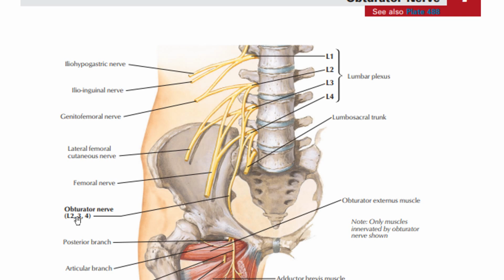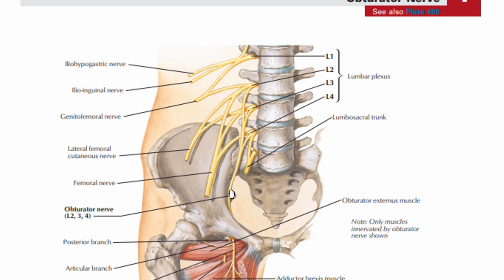So L2, L3, and L4 contribute to form the obturator nerve.